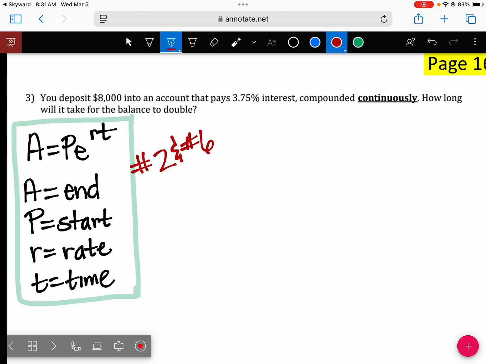Anytime it says compound continuously, this is your compound continuously interest formula. So go ahead and copy that down. Number 2 and 6 for homework 5. I might have said homework 6, but I meant to say homework 5.